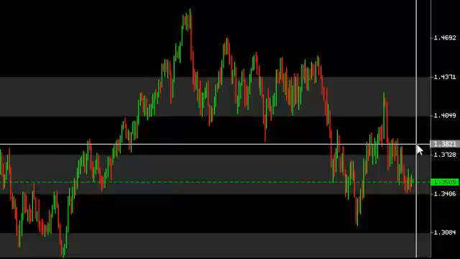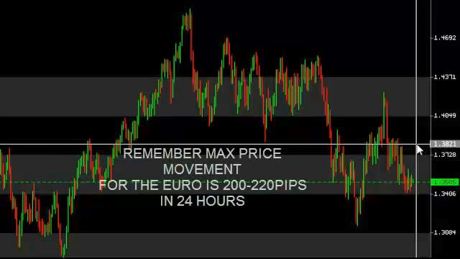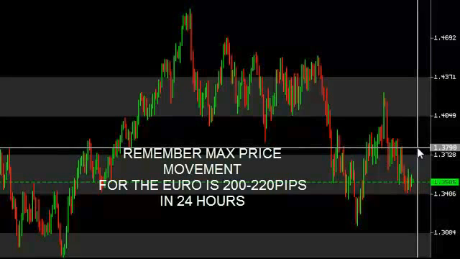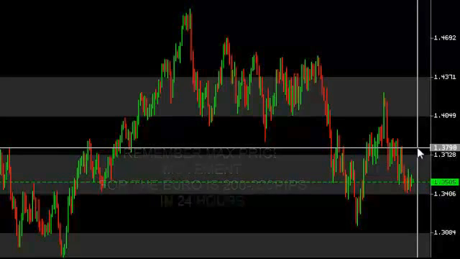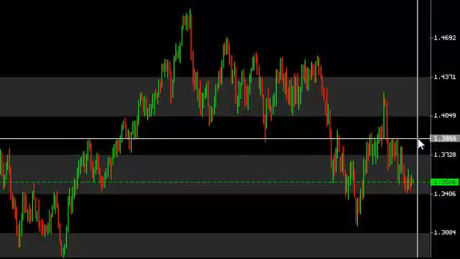Any fundamental news report can impact the price of a currency anywhere between 200 and 220 pips in one single day. So if the price of the euro is at 136, it can easily go to 138 in a 24-hour period. So we can never say that the euro will not increase in value, because it can. But in the long term, we feel that the euro will come down in price.